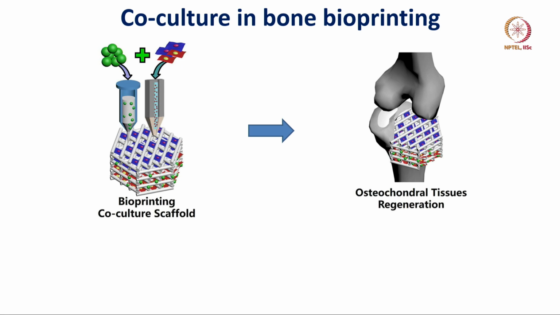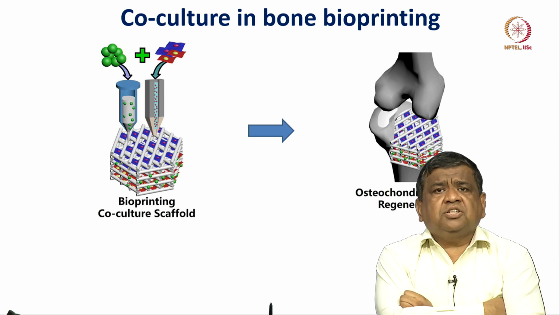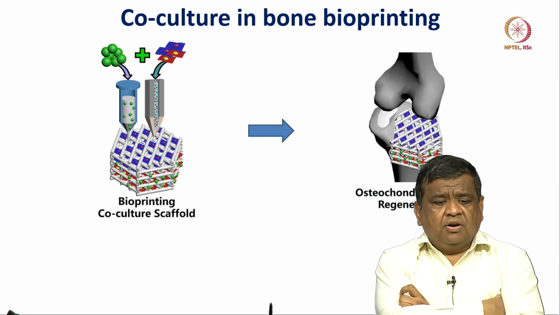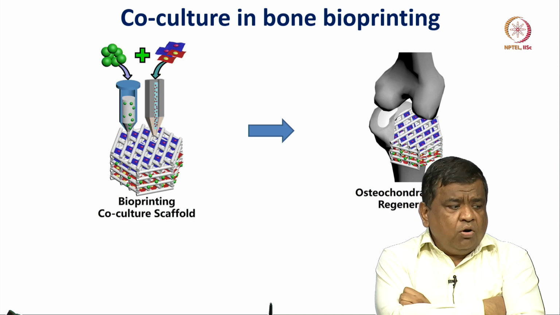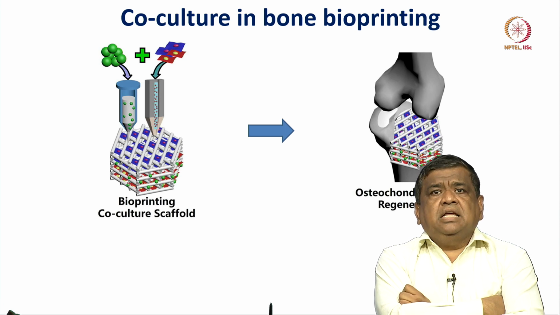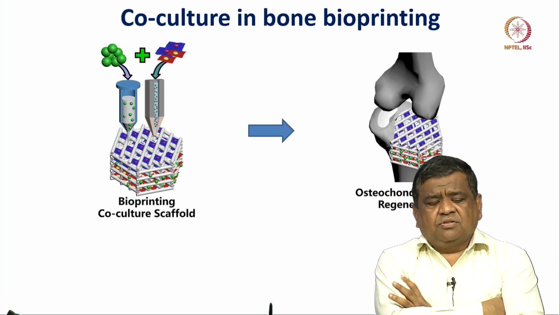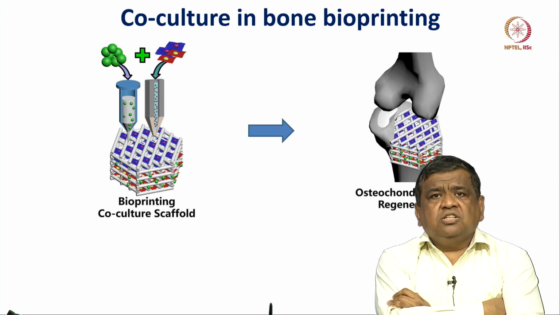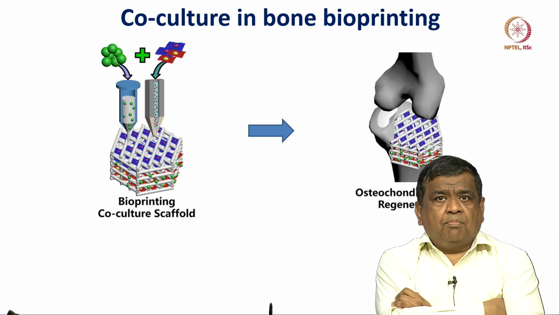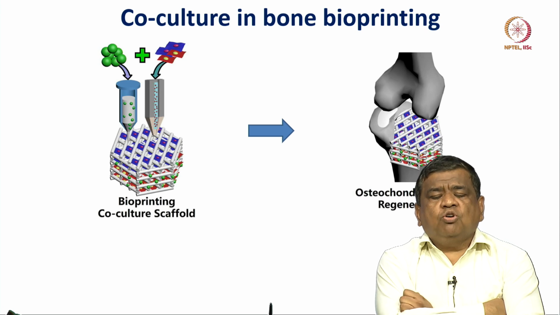You have seen, if you remember, the definition of co-culture, which is culturing two different types of cells, and these are bone 3D bioprinting. Essentially you print the scaffolds, you culture osteoblast cells, you culture osteocytes for example, and then you culture both cells together, or you culture chondrocytes, for example, if it is used for osteochondral tissue.